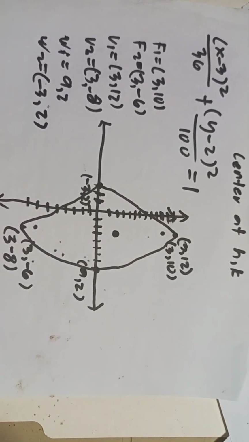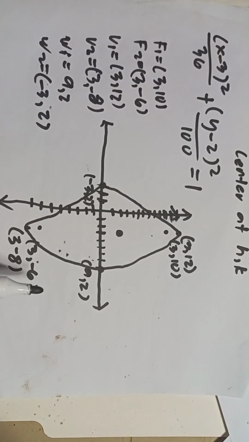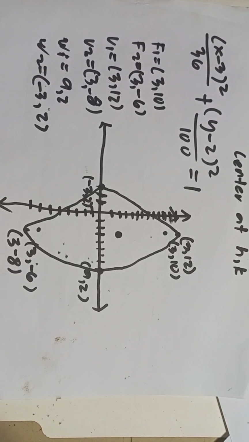Our expected graph is just like this. So that's how we find these if our ellipse's center is not at the origin, 0, 0.